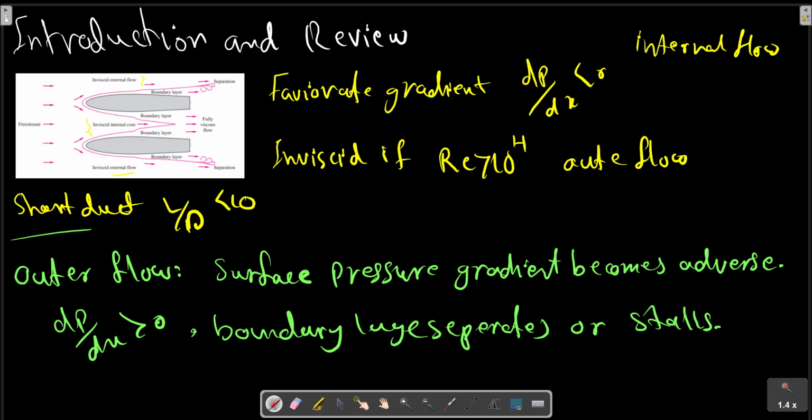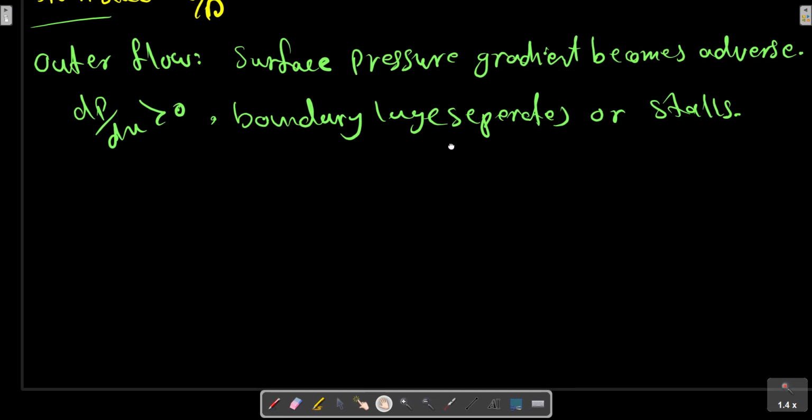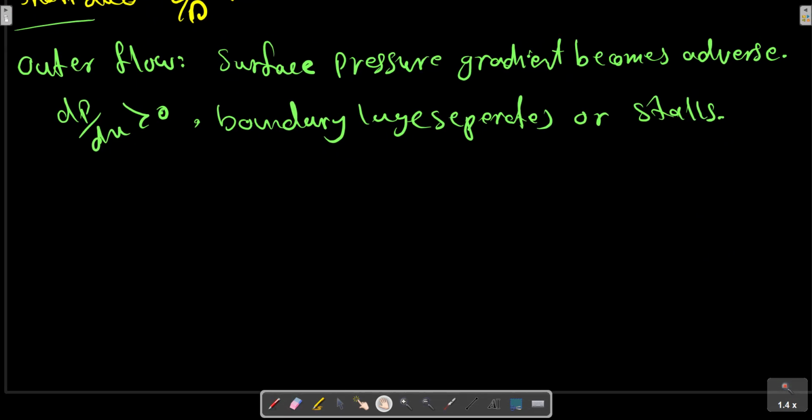Review of velocity potential concept as we explained it before. For a streamline and potential velocity we have relations. Let me write: review of velocity potential concept.